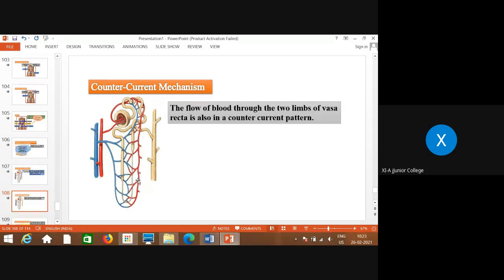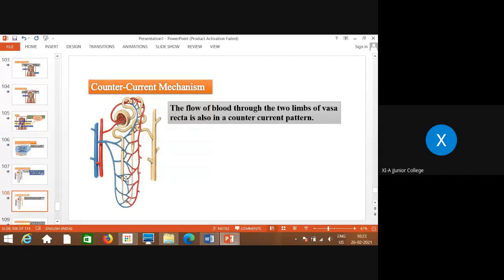This is the descending limb of the vasa recta, and this is the ascending limb. So both are opposite. This is the descending limb of the renal tubule, the loop of Henle, whereas this is the ascending limb of the vasa recta.